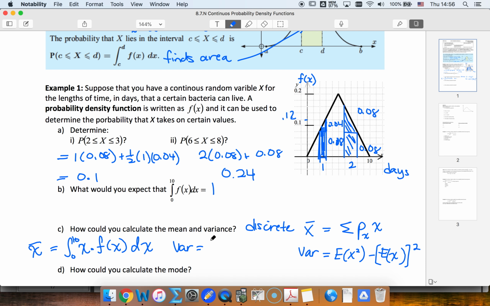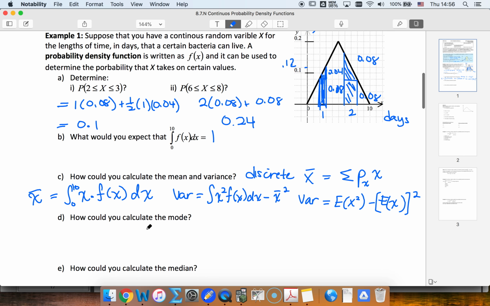I'll take my integral of x squared f of x dx, and I'll subtract the square of my mean. So to save myself space, I'm going to write x squared.